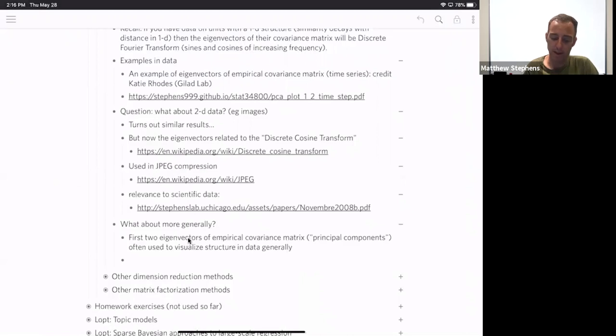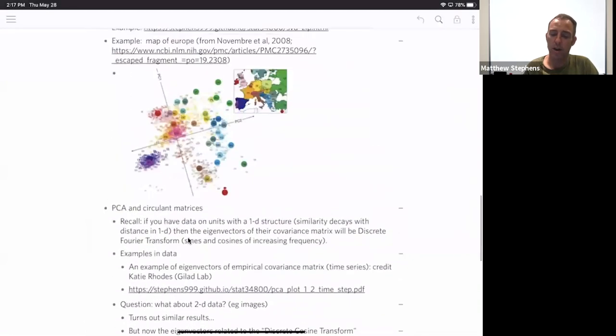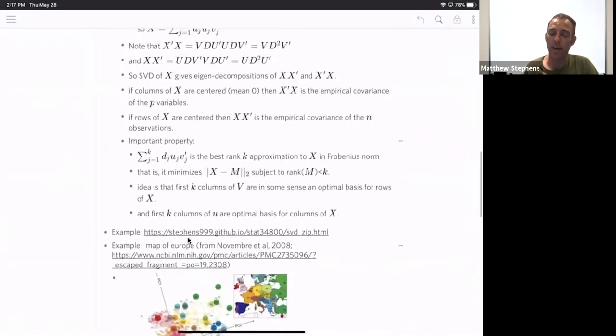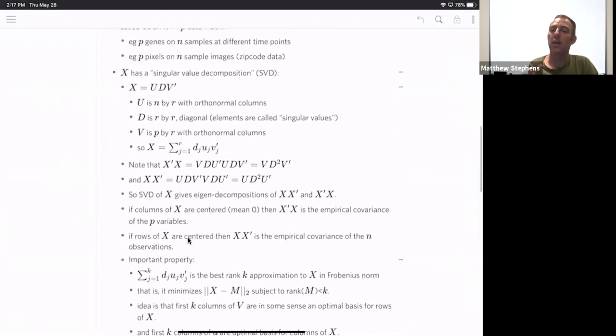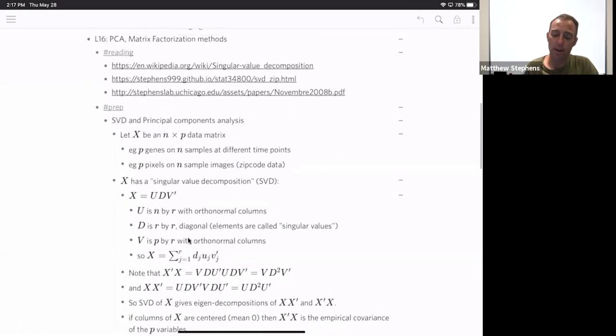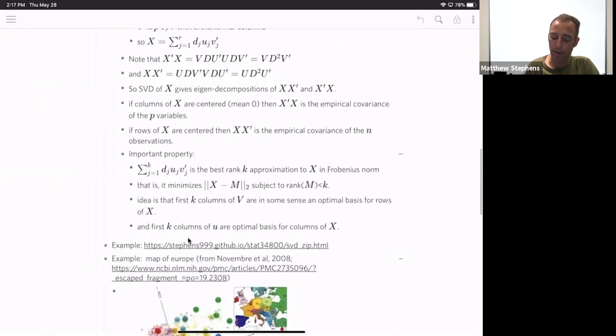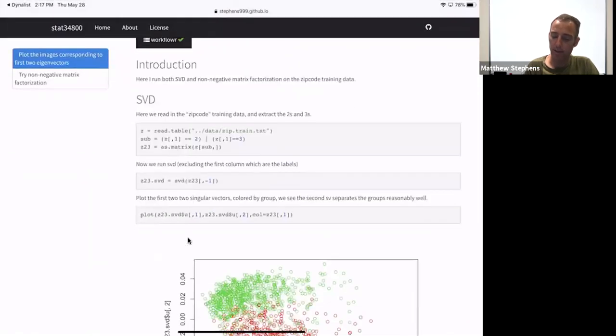So the basic summary is that people use PCA or SVD to perform a dimension reduction or a low rank approximation to the data. Oftentimes, in particular, they plot the first few eigenvectors against one another to get a low dimensional image like this.